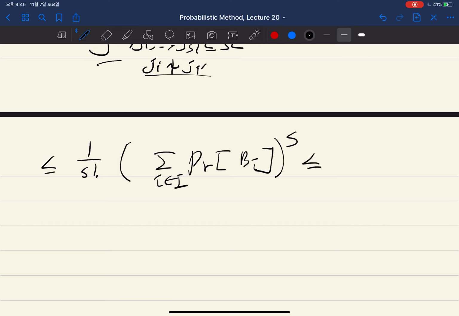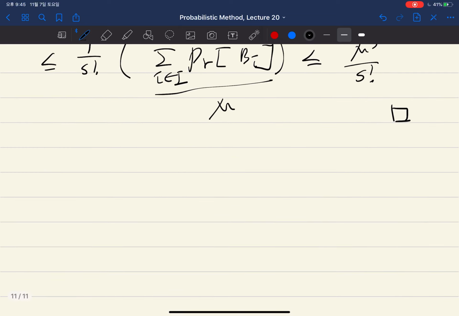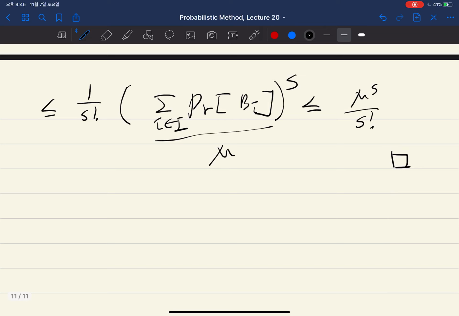And what's this? This is nothing but the expectation. So this is mu to the S over S factorial. So you get this lemma, which measures the probability that there exists a disjoint family with size S. And if we know that mu to the S is smaller than S factorial, then this becomes a small probability, so it's useful.